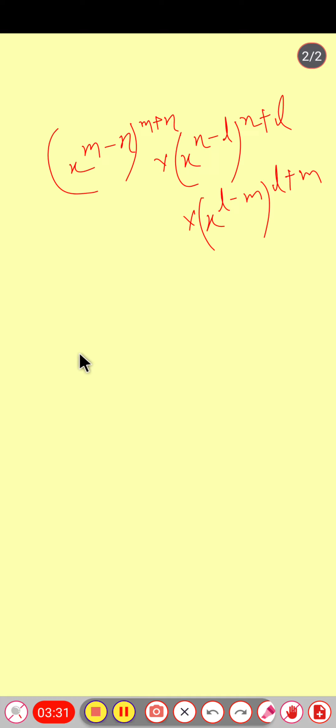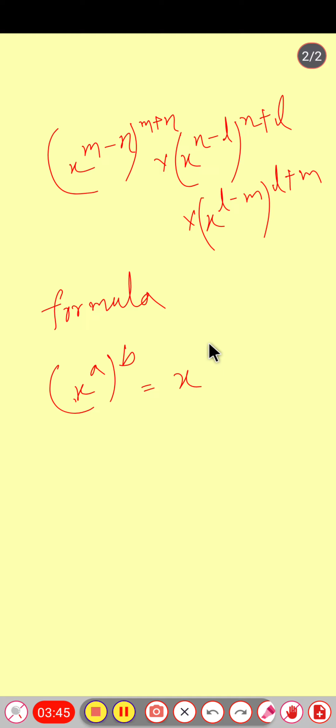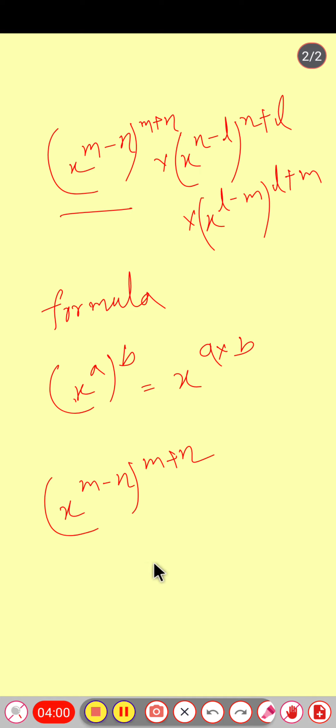So now another formula comes into the picture. That formula is, if x to the power a whole to the power b is there, then it should be x to the power a into b. Okay, so similarly in this equation, (x^(m-n))^(m+n) is there, right?